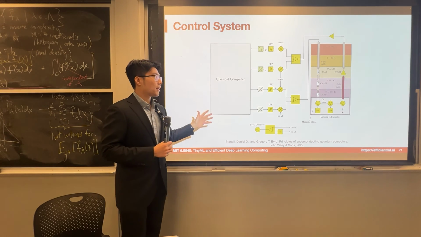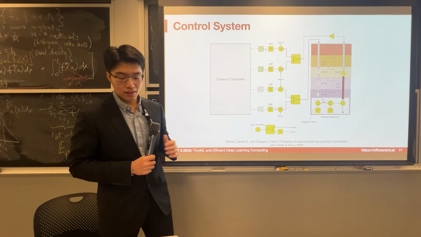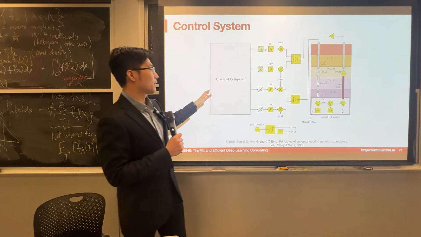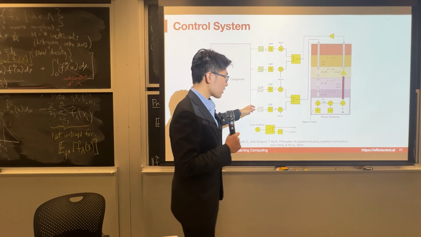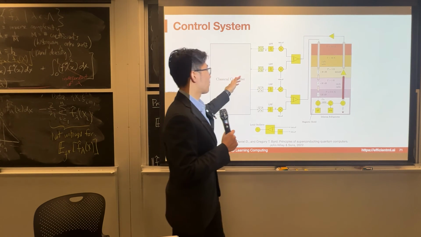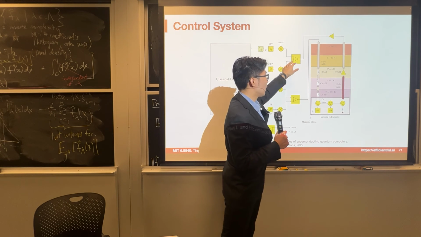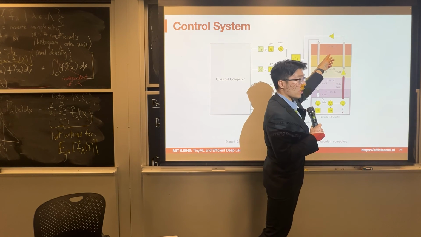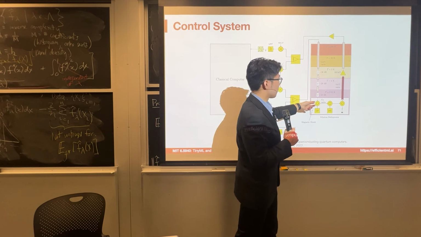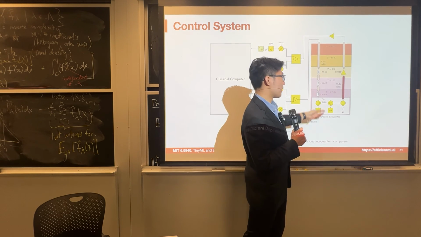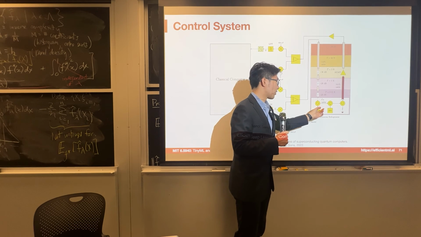Here are some basic components, for example some amplifiers and also some signal generators. And then this is the classical computer. We send the signal all the way from 300 kelvin to a very low temperature, like 4 millikelvin or even lower, at the qubits here.